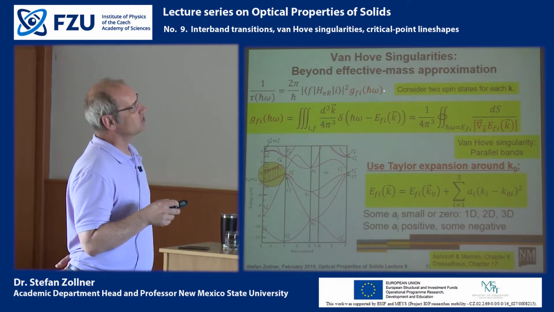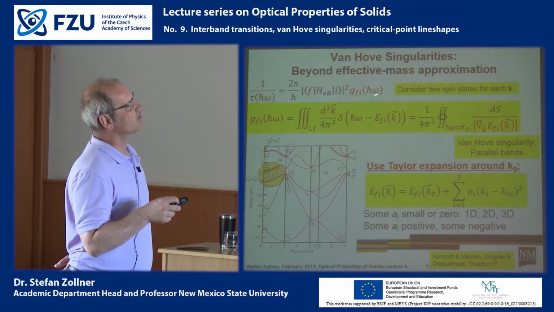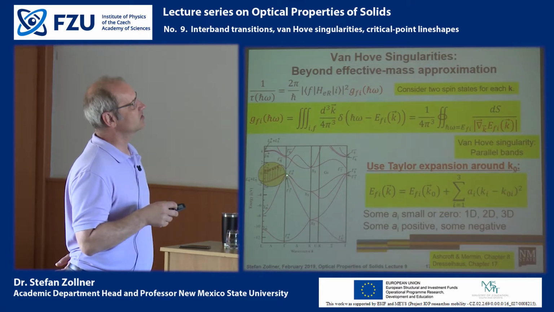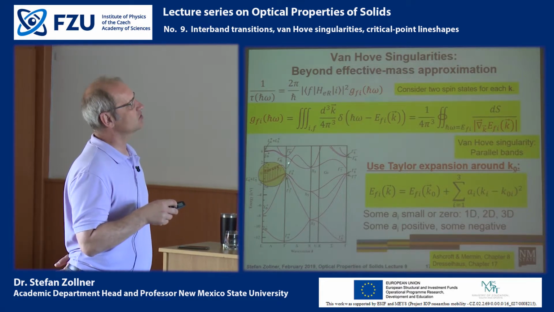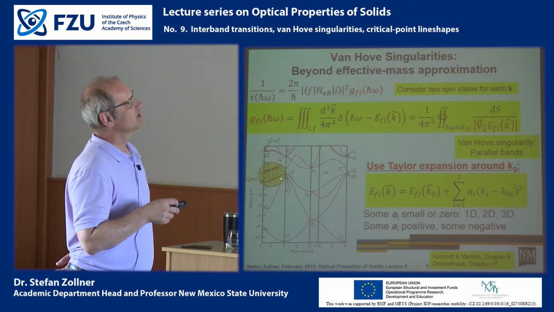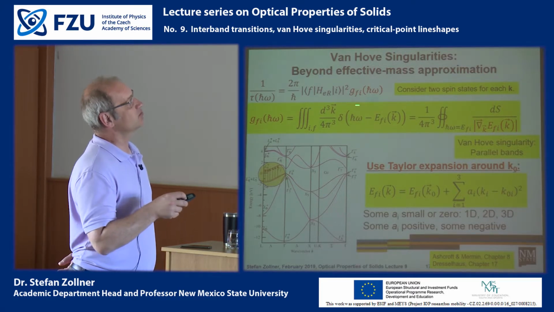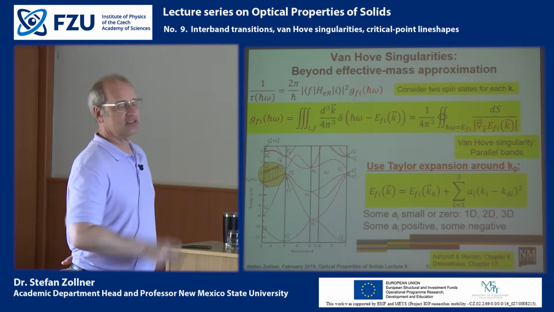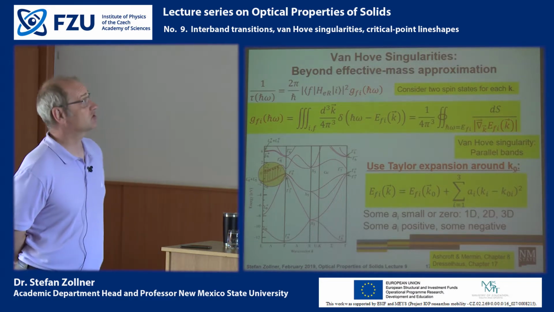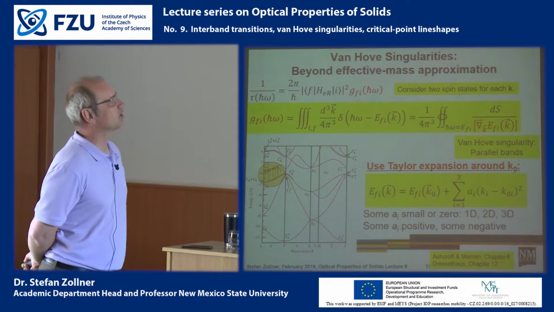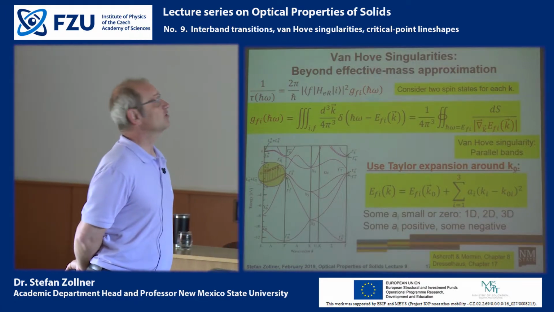And then we also looked at this joint density of states, and for the direct transitions at the gamma point, this joint density of states increases like the square root of the photon energy.